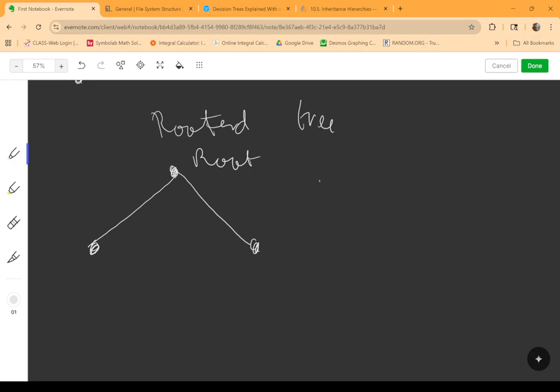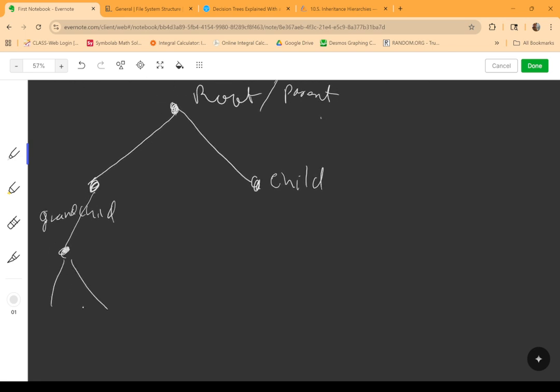We use very familial language here: if this is the root, anything below it we can call the parent, and anything below that is a child, and the next level is a grandchild. Further down, just to simplify the language, as a way to establish a relationship with the root, we just say it's a descendant.